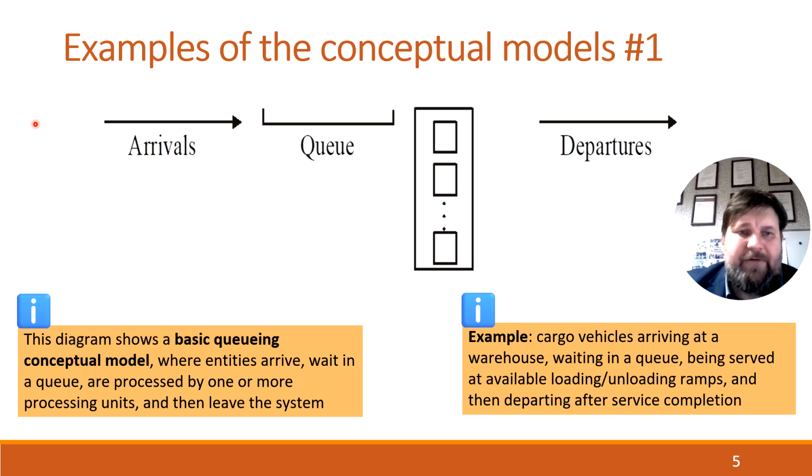A cargo vehicle arrives at a warehouse, and we check if loading and unloading ramps are busy. If all of them are busy, the cargo vehicle waits in a queue. If a ramp becomes free, processing happens, and after processing, the cargo vehicle leaves the system.